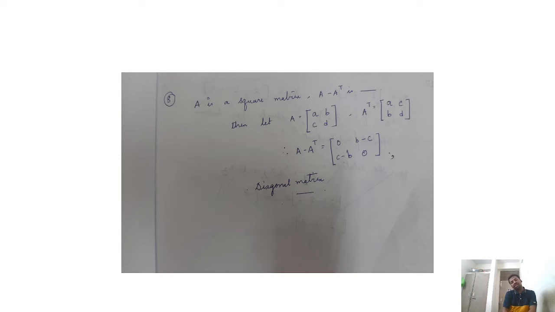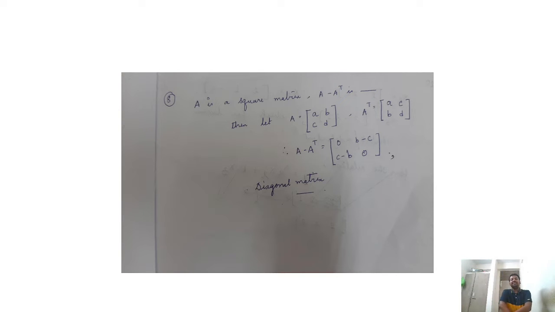Okay, this is important. Now, let me consider a simple 2 cross 2 matrix for this example. Let me consider A, which is a square matrix of size 2 cross 2. This is just for my instance. You can obviously consider a matrix of size 3 cross 3.